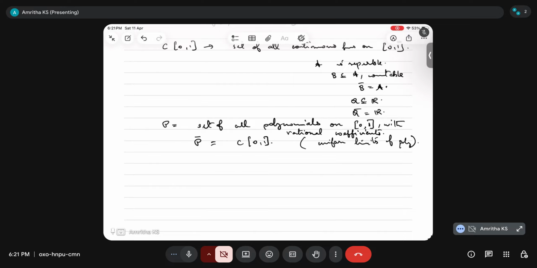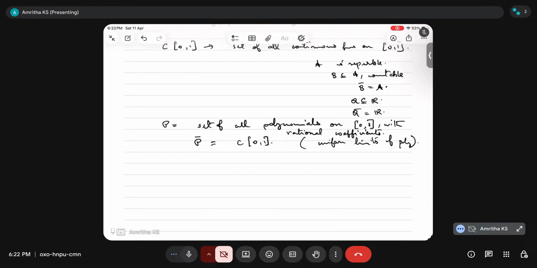But then, if we take rational coefficients, one can always approximate the set of all polynomials with the set of all polynomials with rational coefficients, right? This is because the rational numbers are dense in the real numbers.